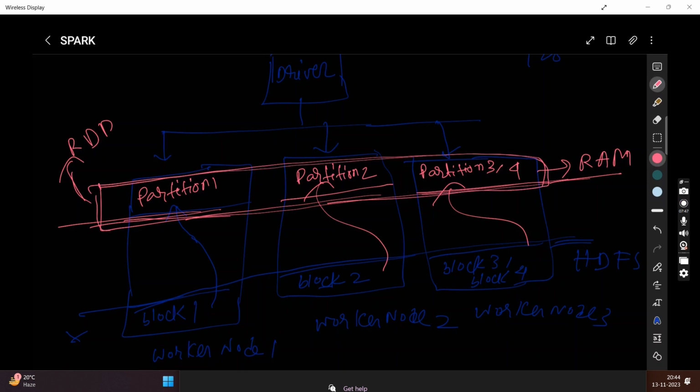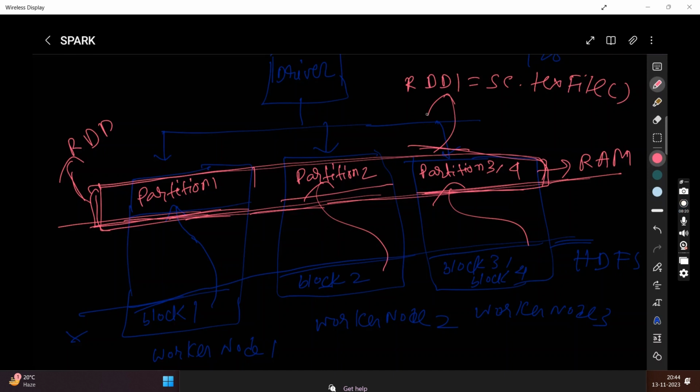So when we say RDD1 equals sc.textFile, it means at the inner level the data will be split into partitions on multiple machines, and that whole set, partition 1, partition 2, partition 3, 4, we call RDD1 here. So it is a distributed dataset.